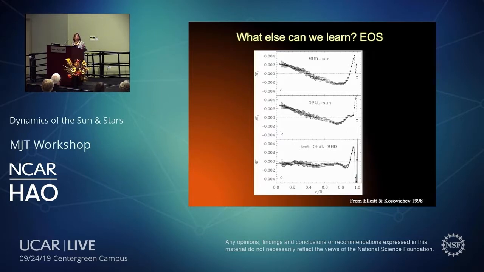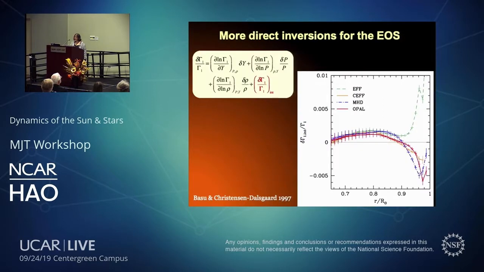So this was seen, and both projects, OPAL, Forrest Rogers went and immediately corrected it, and MHD has also been corrected. So we know that. Now, closer to the surface, you can actually do an inversion for gamma 1. Now, the problem with the adiabatic index is it does depend a bit on other structural parameters of a model.